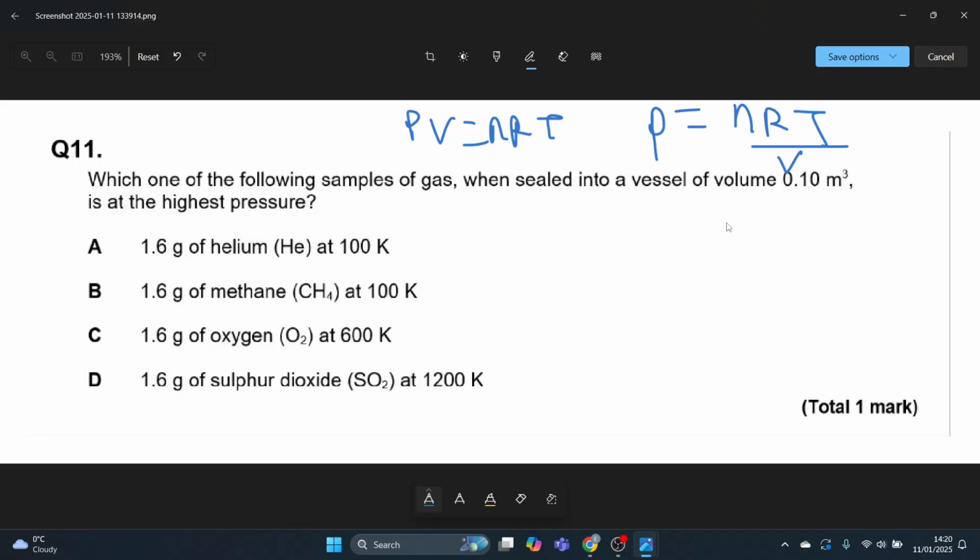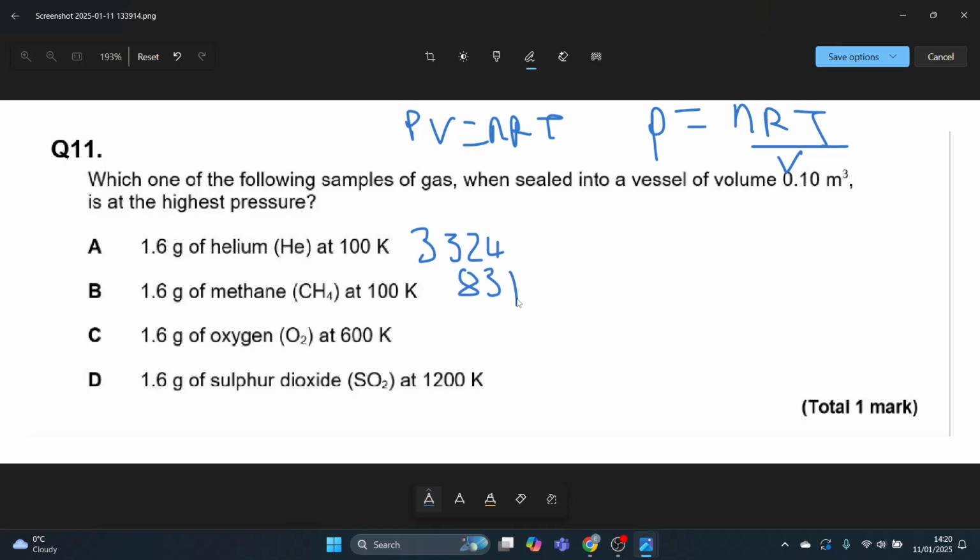Times by R 8.31 times by 100 temperature divided by the volume. It's in meters cubed, you don't need to convert it. For methane, 1.6 divided by 12 plus 4 times by 8.31 times by 100 Kelvin divided by 0.10, 831.